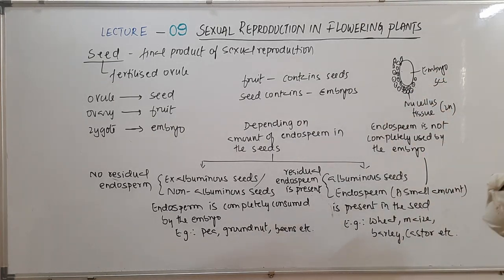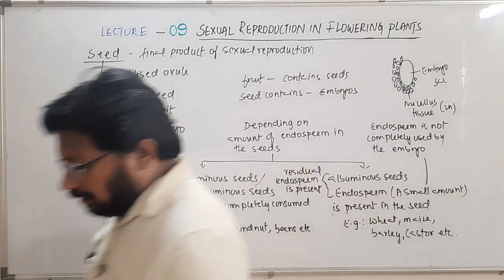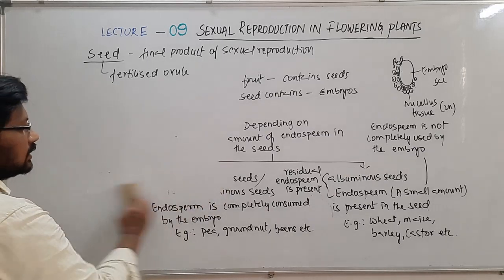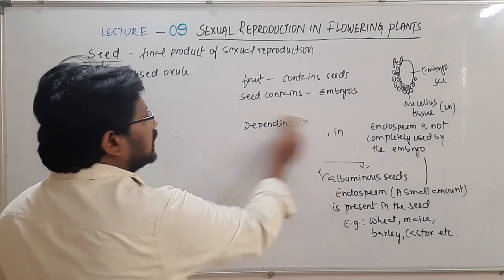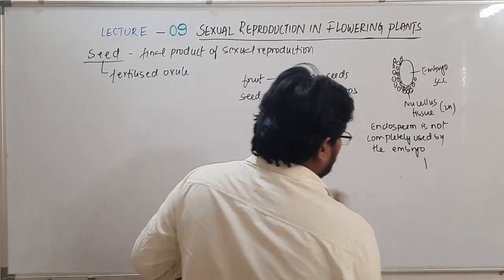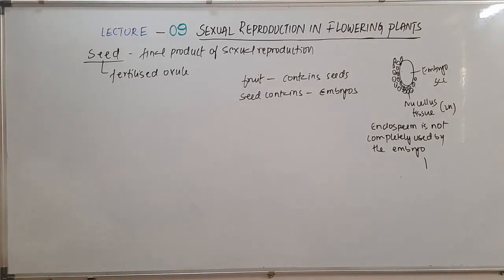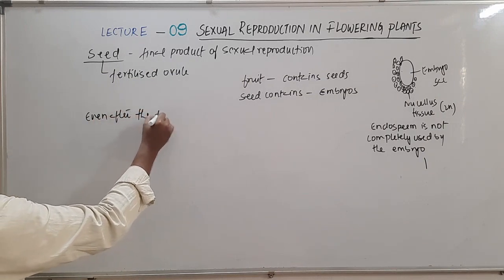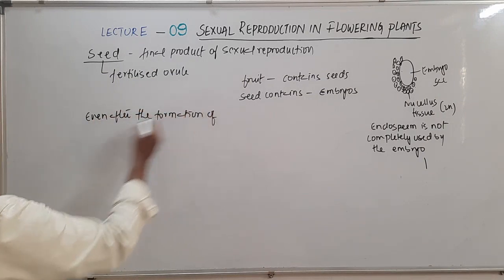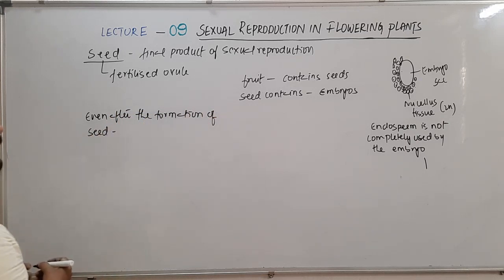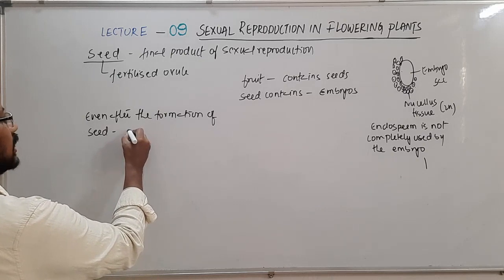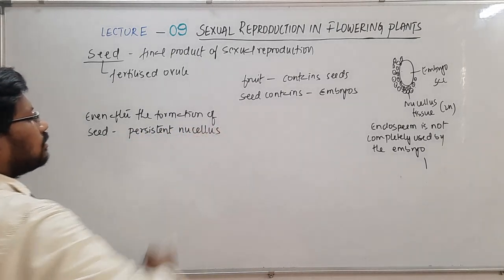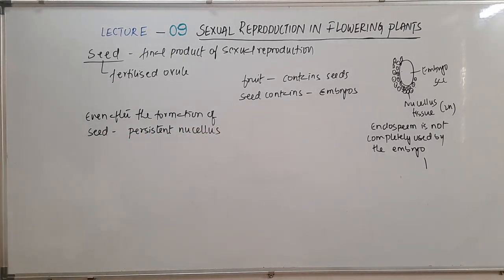But there is an exception in that case. Not all seeds will show the degeneration of the nucellus. In some seeds the nucellus is still present even after the formation of the seed. So I call that persistent nucellus.